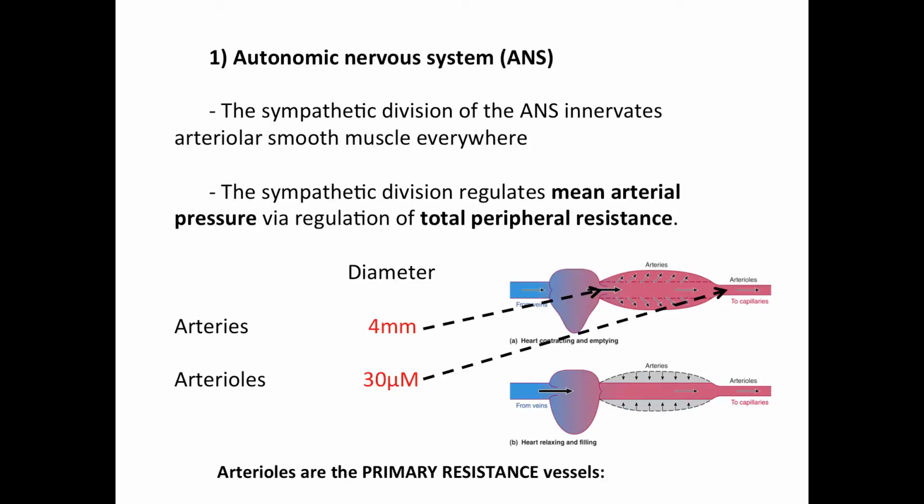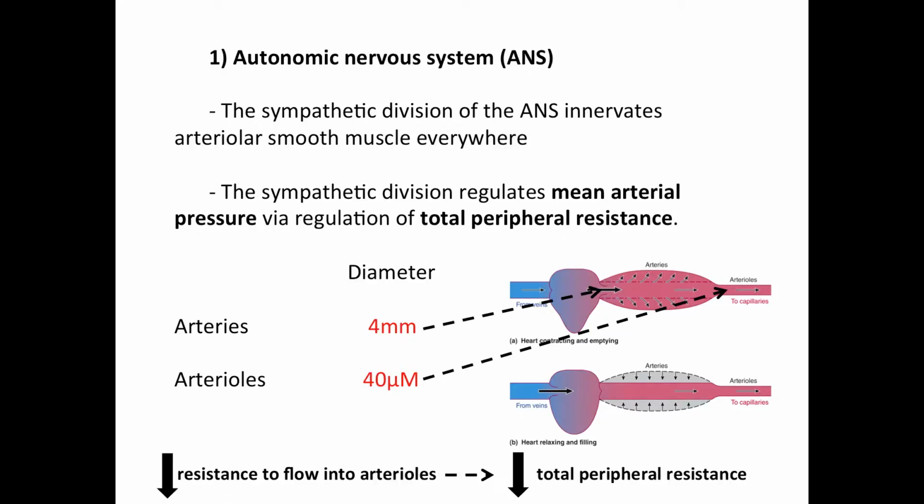So what's this look like? Well, another piece of data that we talked about in lecture was that arterioles are the primary resistance vessels. This is a result of this difference in diameter between the vessels, the arteries, as well as the arterioles. So what does this look like? If I increase the arteriolar diameter from 30 micrometers to 40 micrometers, I'm going to reduce the resistance to flow into the arterioles.